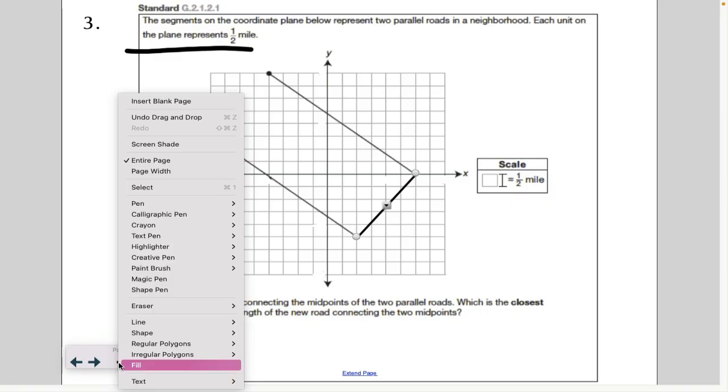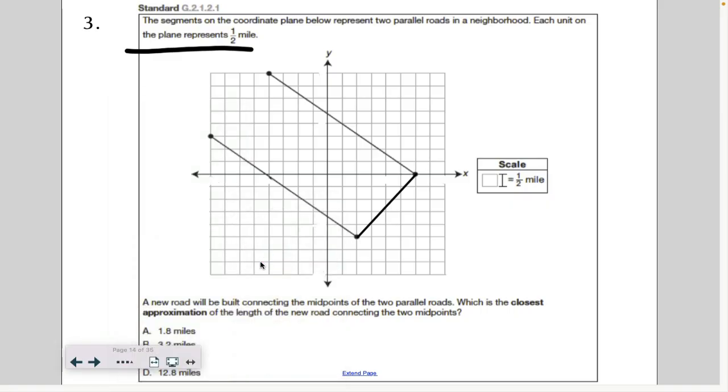I went here. I didn't even find those coordinates. Then I went 1, 2, 3, 4, and 1, 2, 3, 4, 5. This is my unknown. You don't even need to do the full-blown distance formula because you can just count it on there. Oops, my 4 got chopped off.